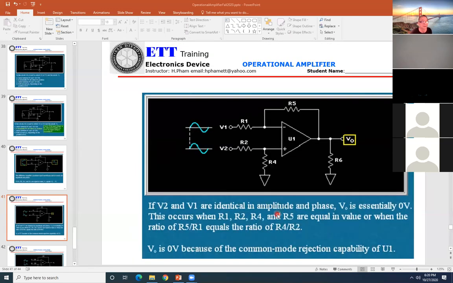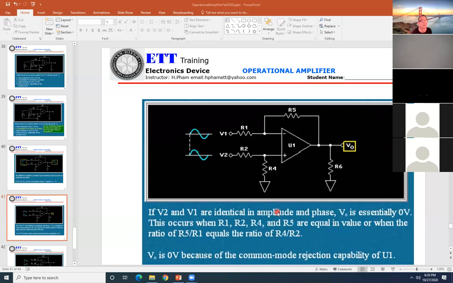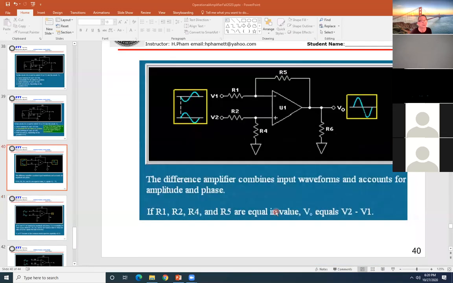So the output waveform is the same as V2. Now it's not exactly the same; you have to do the calculation.